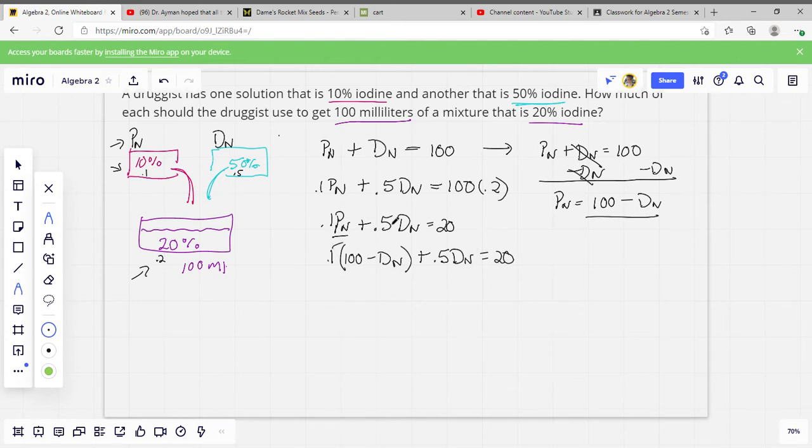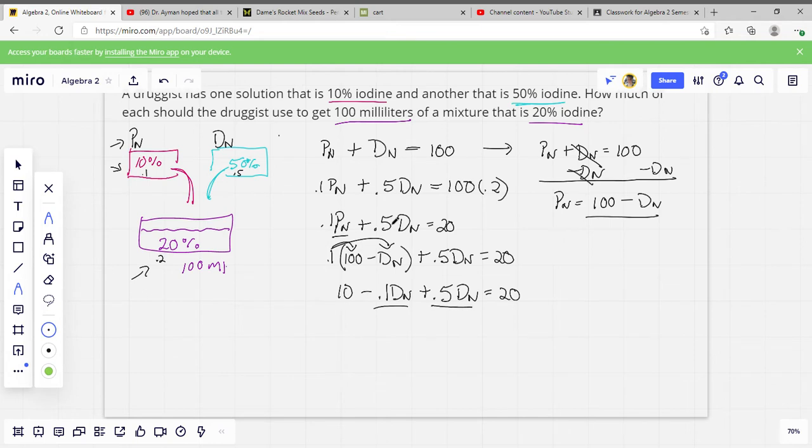Alright, now we're going to distribute that out, so 0.1 times 100 would be 10 minus 0.1 times Dn plus 0.5 times Dn equals 20. Now I've got like terms I can add.